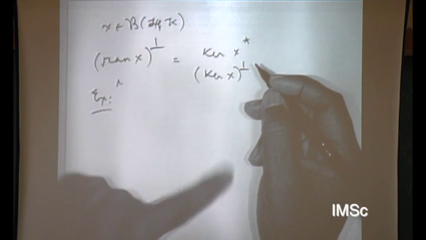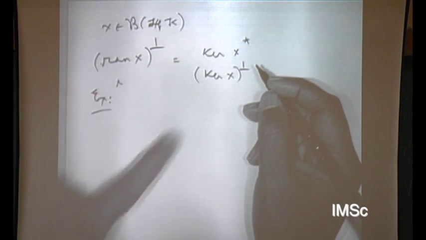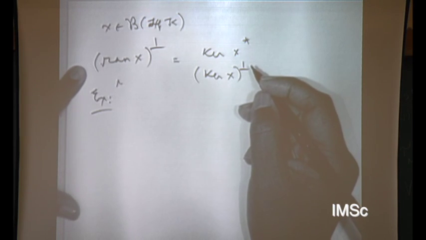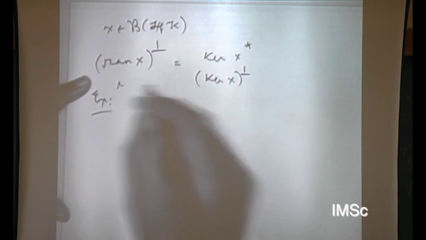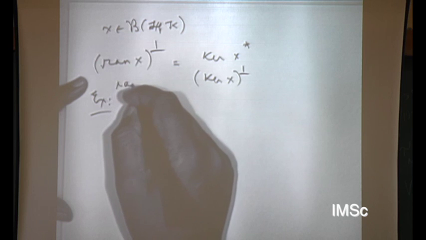If you take the kernel of x perp, that will be the perp of this. So it will be the range of x star closure.